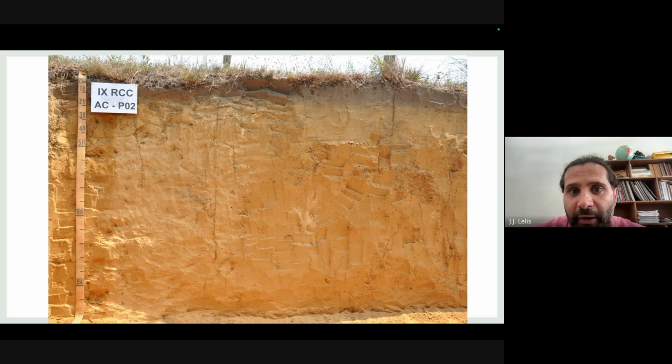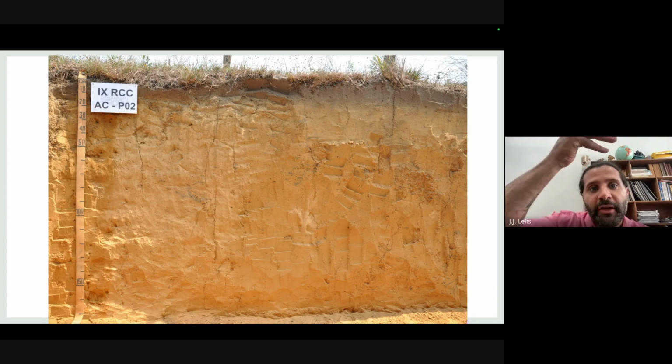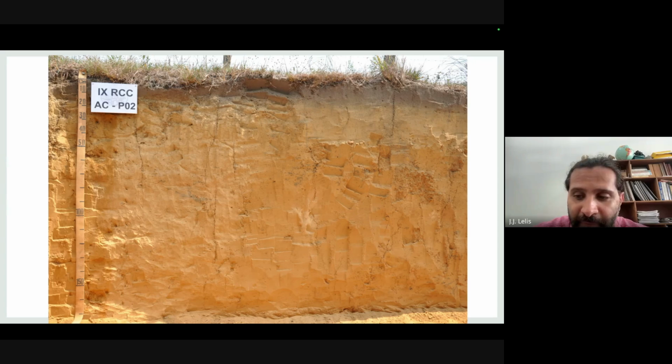So in these areas, when it starts to rain, the water can penetrate through the A horizon and reach the B horizon, and can also very easily go through the B horizons. And in these cases, this water can reach the water table level and feed the water table.